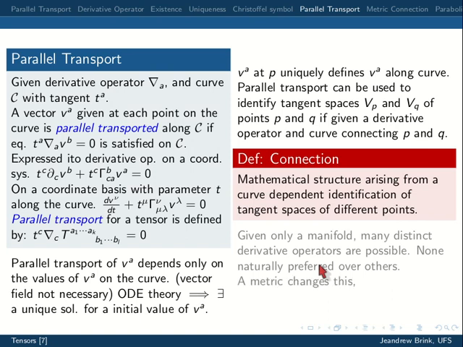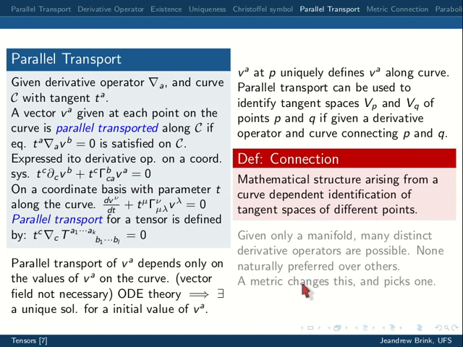What does happen is if you have a metric, the moment you have a metric, this changes. You can do parallel transport on a manifold, and you can have several derivative operators, but the moment you define a metric, you can no longer do that. The moment you have a metric, you specify the actual derivative operator that you're looking at.